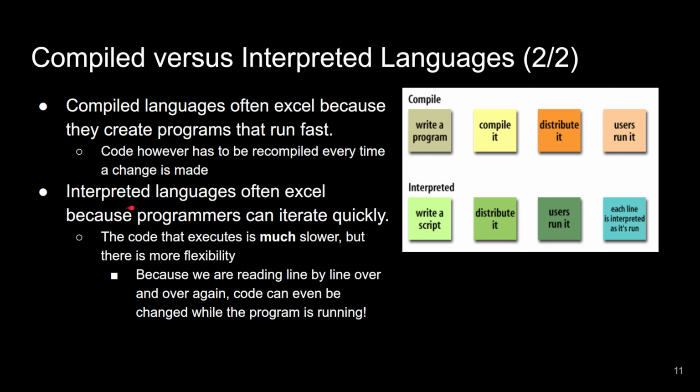And that's the advantage of an interpreted language, or in other words, a scripting language, because you just have to save your file and then you can run it right away. There's no compilation stage. You don't have to wait at all. So the code itself might execute much slower, sometimes 10 or even 100 times slower, but there is more flexibility often within the language and also just in your ability to iterate as you're developing the code.